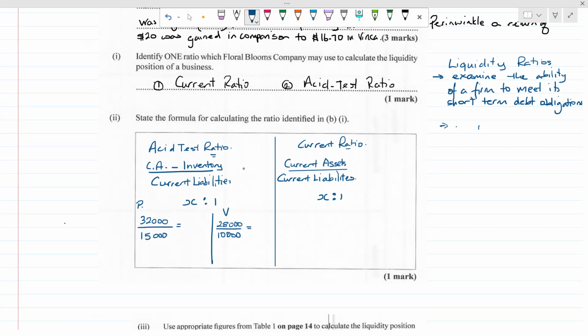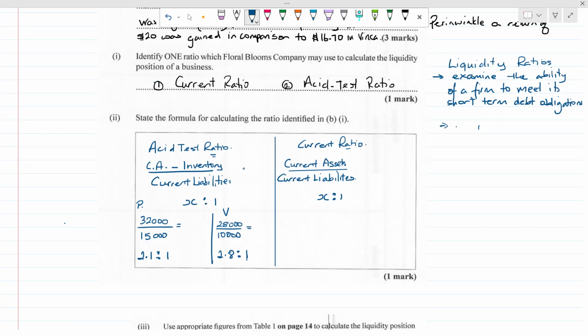Right, so we could use 2.13. We could put it as 2.1 to 1. What about this one? $28,000 divided by 10,000. Yeah. 2.8, right?